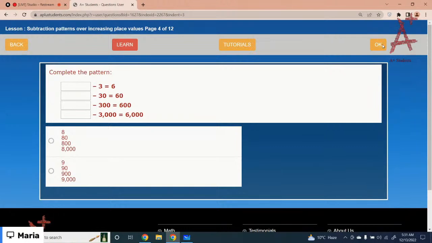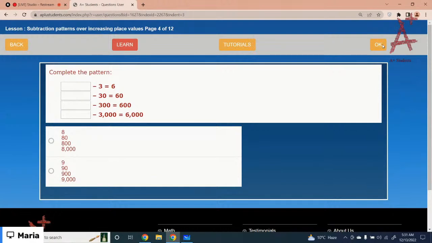Okay, so you have to find which number subtract 3 equals 6. Which of the options is the correct one? You are given the options 8 and 9. 8 subtract 3 is 5 or 9 subtract 3 is 6. Yes, very good. 9 subtract 3 is 6.